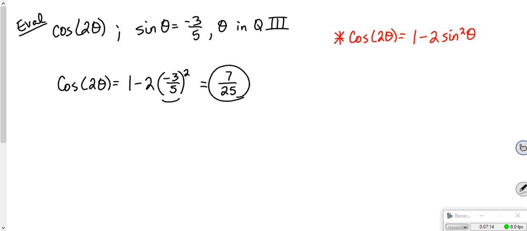Pretty short. Number 10. It says evaluate the expression under the given conditions. So again, we are evaluating sine of theta over 2. So we're going to have to use a half angle formula.